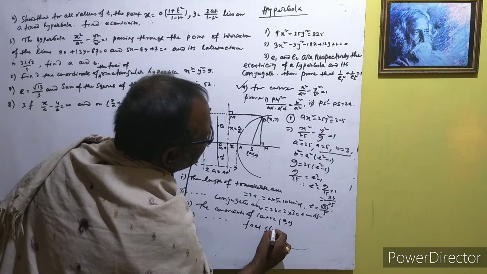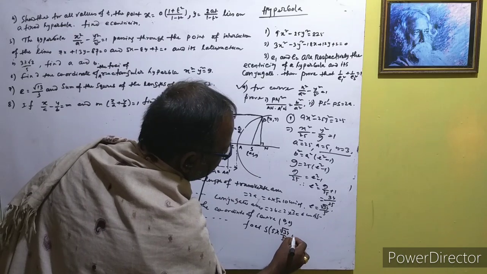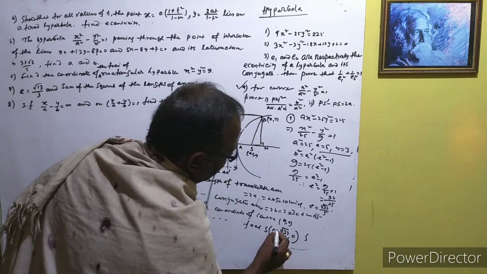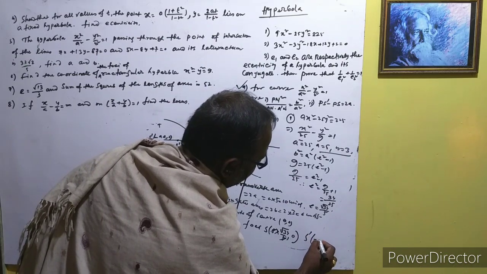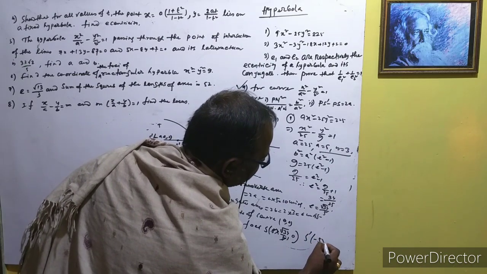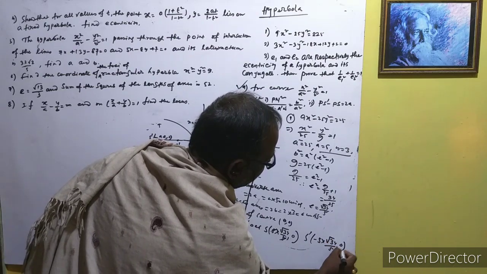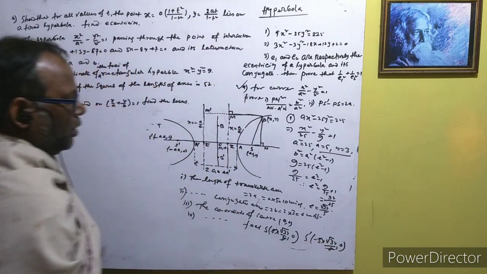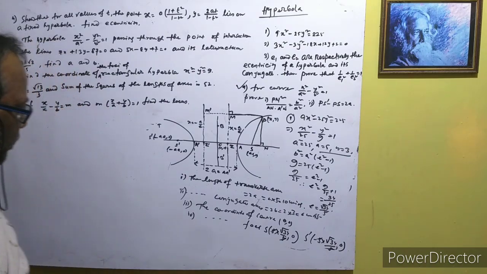A means 5, e means root 34 by 5, 0, and the 5s are cancelled. And the other focus is minus a e, 0. A means 5, e means root 34 by 5, 0 here. So these 5s are cancelled. So this is root 34, 0 and minus root 34, 0.